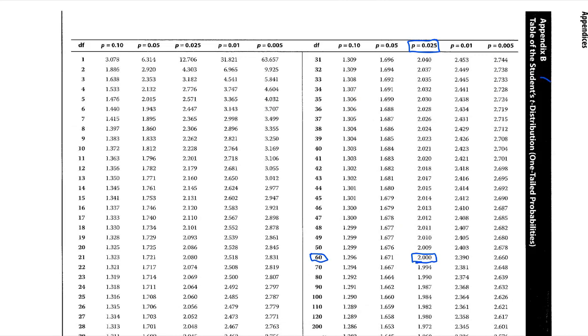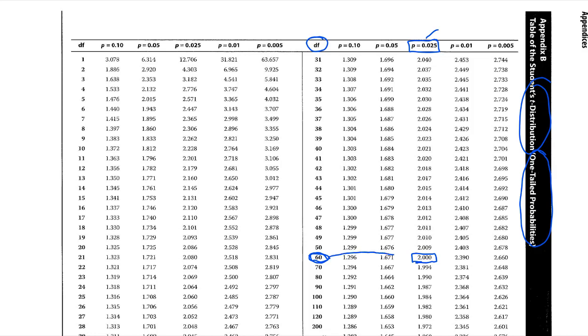And here we are. This is your t-distribution, and notice how it asks for the area for one tail. So the two parameters we're looking for are the degrees of freedom, and there it is. I know our degrees of freedom was 58, but the closest one we have is 60. That's okay. And then the single tail area was 0.025.